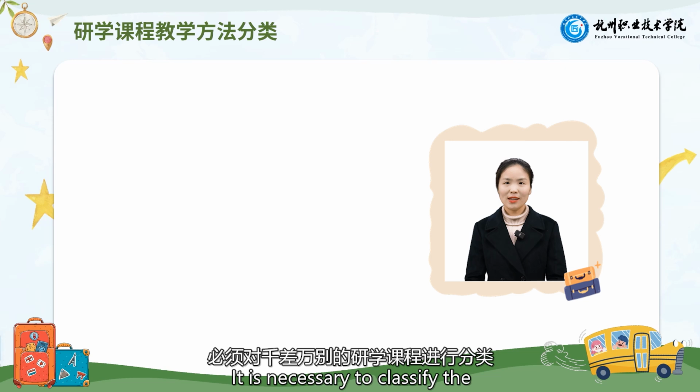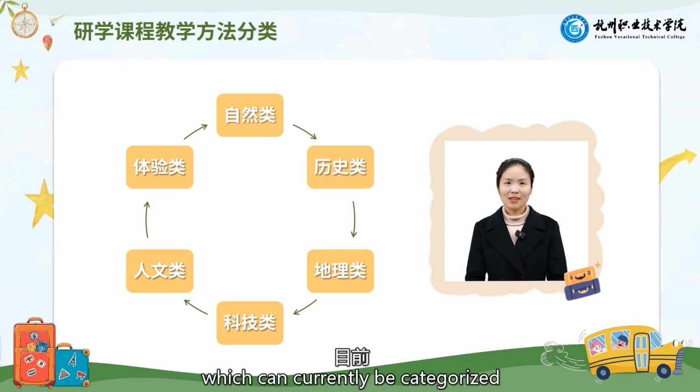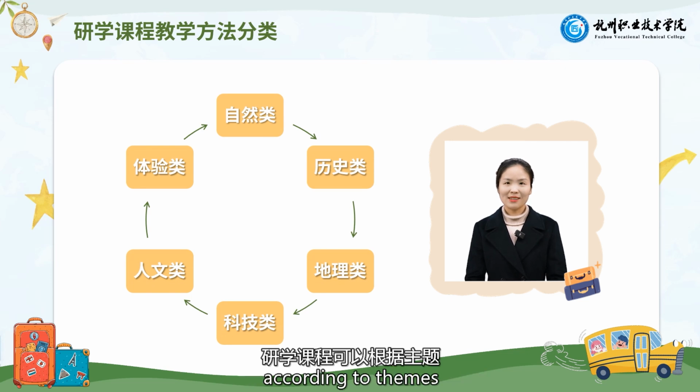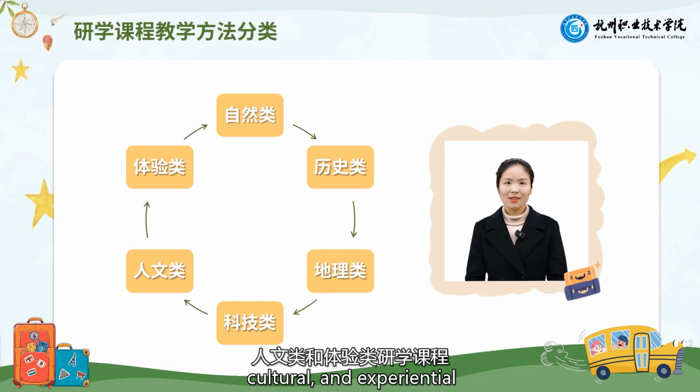It is necessary to classify the myriad study tour courses, which can currently be categorized according to themes and resources into 6 types: natural, historical, geographical, technological, cultural, and experiential study tour courses.